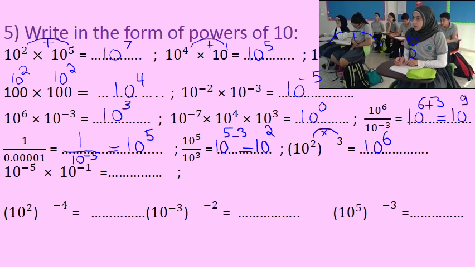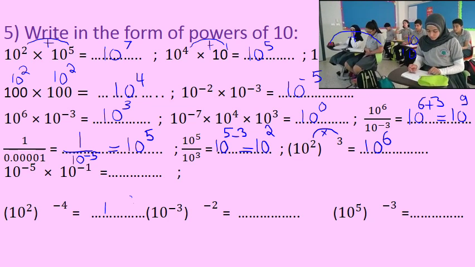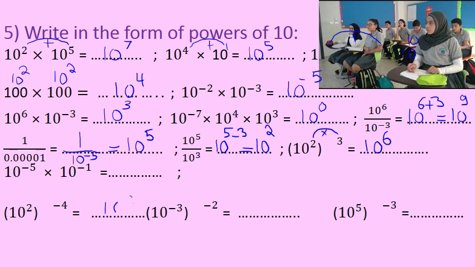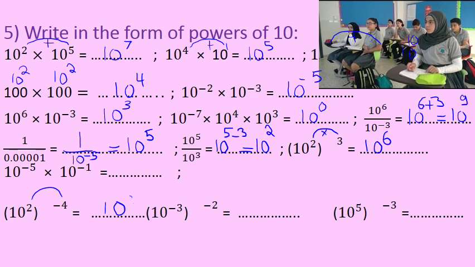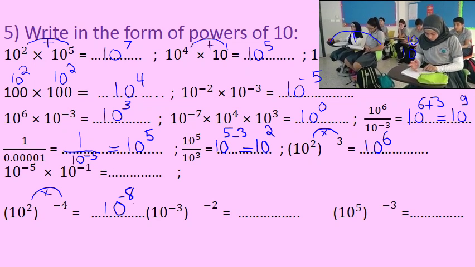Now, Ali, 10 squared, all of it to the power minus 4. We multiply 2 times minus 4, it is 10 to the power minus 8. 10 to the power minus 3, all of it to the power minus 2, Ala.